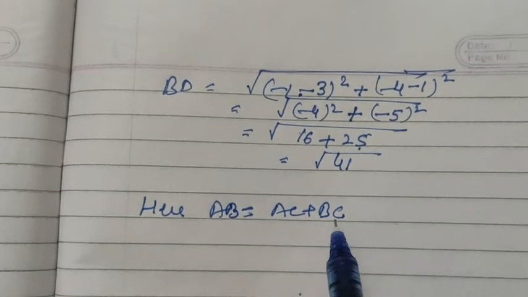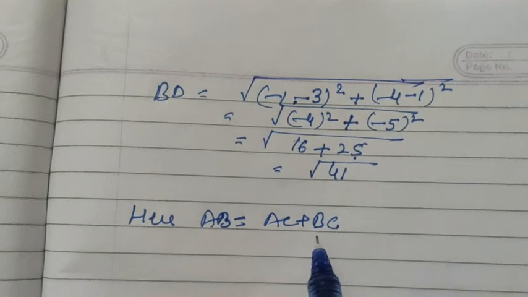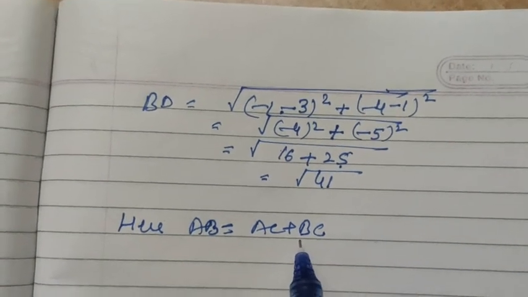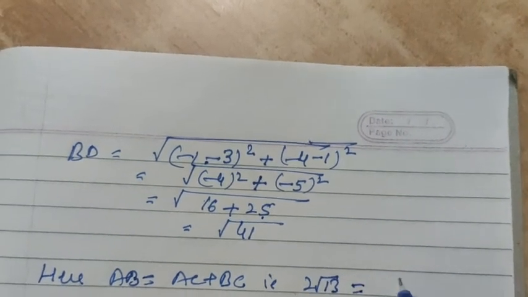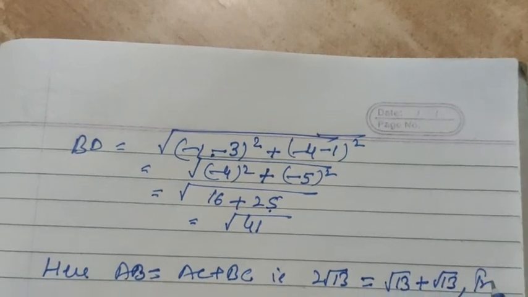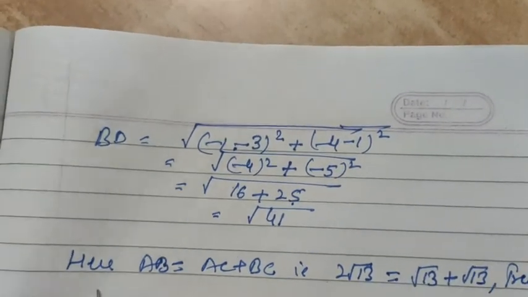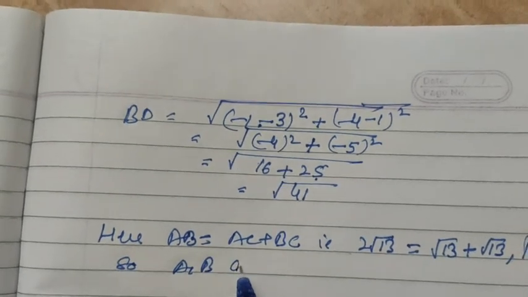So AC plus BC is equal to AB. So we can say A, B and C are collinear. So quadrilateral is not possible. That is, 2 under root 13 is equal to under root 13 plus under root 13, and this is true. So A, B and C are collinear.